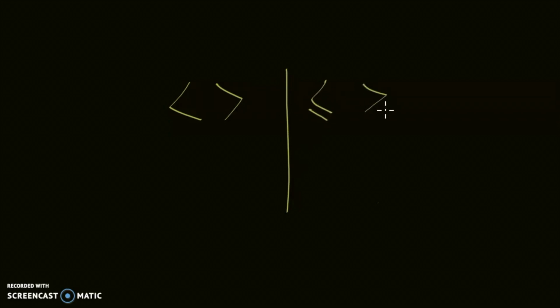Okay, the first important distinction that we should make is between the signs smaller than and greater than, and the signs smaller than or equal to and greater than or equal to. So this would obviously include the points on the line, and this would not include the points on the line.